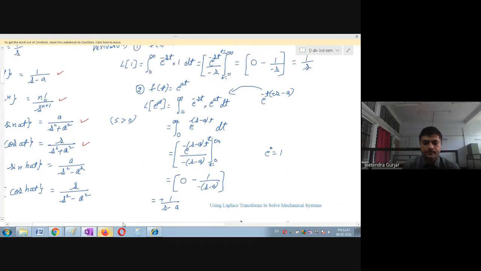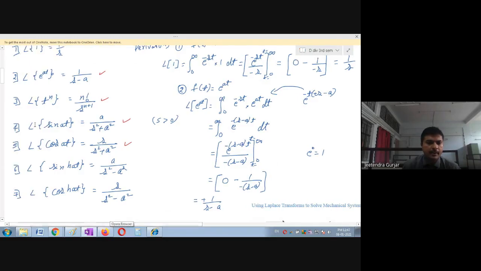Similarly, you can try the remaining formulas, that is, Laplace transform of t raised to n is equal to n factorial upon s raised to n plus 1. Similarly, you can derive all these 7. There are more formulas as well. In later classes, we will use these formulas and you can note them down.